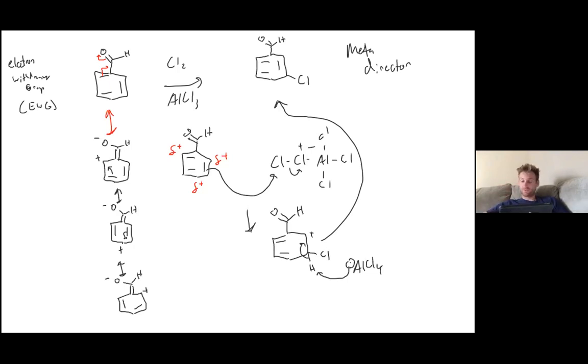And we're going to have two groups. We're either going to have ortho-para directors or we're going to have meta directors. Technically, we're going to have 6 groups that are ranking them as how good they are as ortho-para versus meta directors. But there's really just 2 main groups, which is, is it an ortho-para or a meta director?